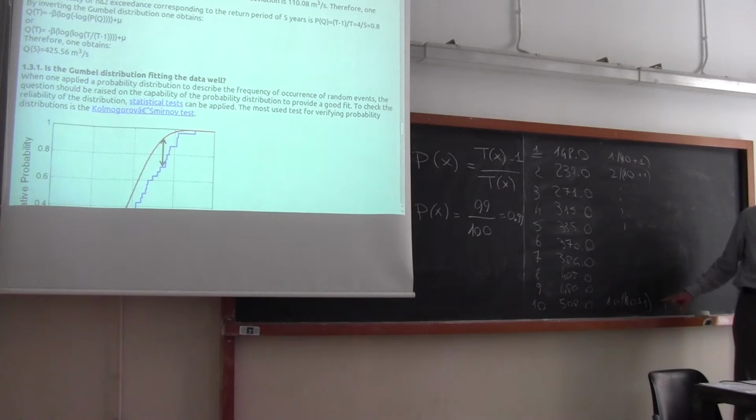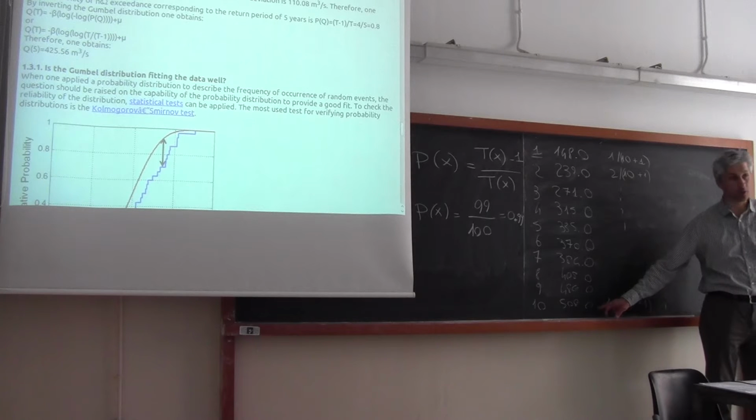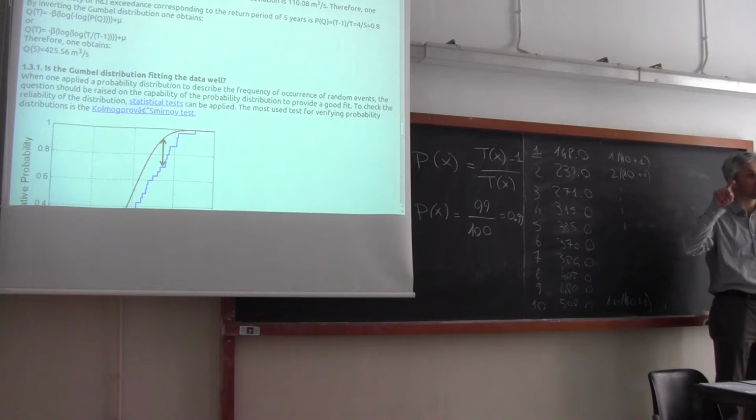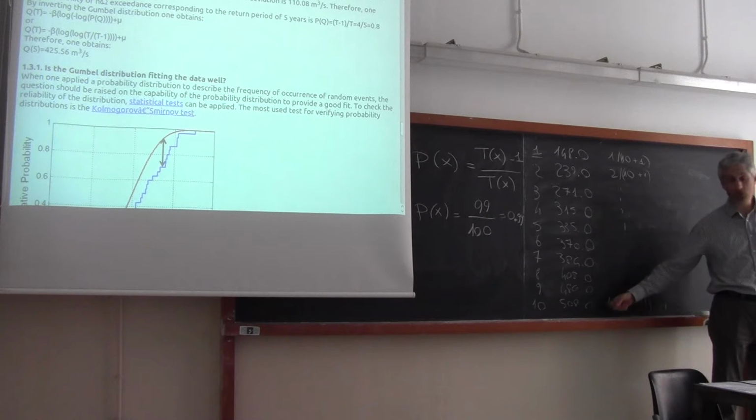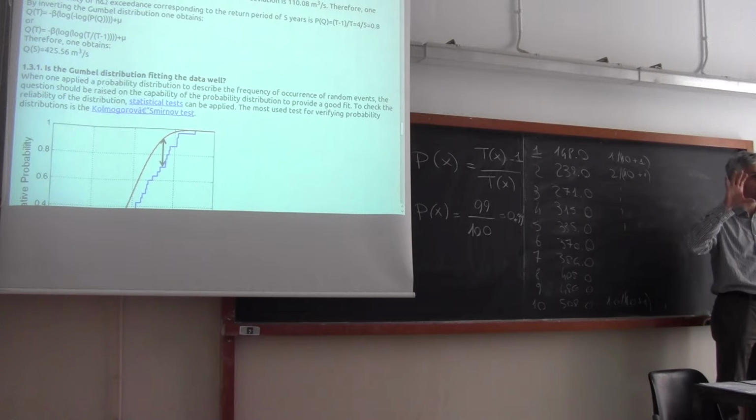If you ended up with an estimate of the frequency of not exceedance for the highest one of 1, it wouldn't be correct. Why is that? Because you would implicitly assume that this number, which is only the highest in 10, has a frequency of not exceedance of 1, which means that this would be the maximum that you expect in a probabilistic sense.